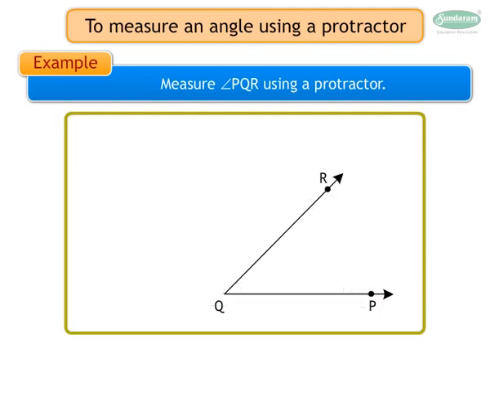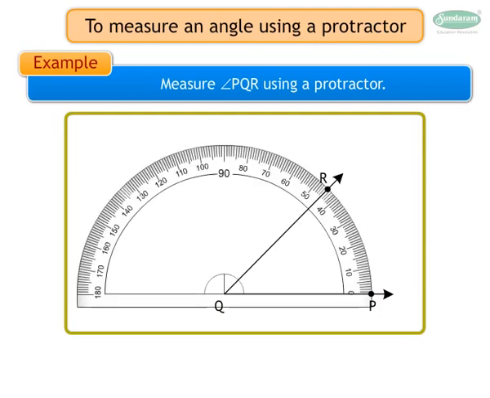Number 4. So, to measure this angle, we must use the protractor having markings from 0 to 180 from right to left. Number 5. Place the center of the protractor on vertex Q. Let ray QP coincide with the reference line. Number 6.